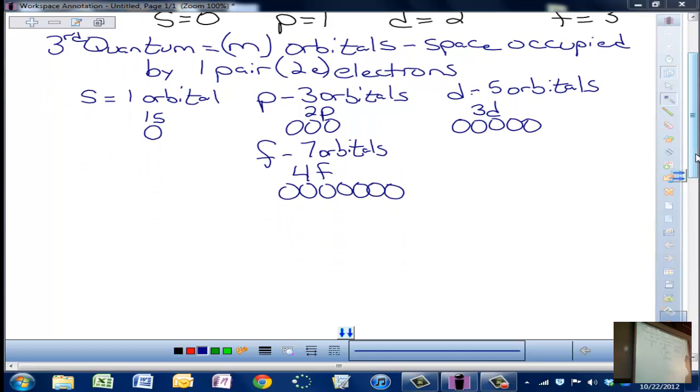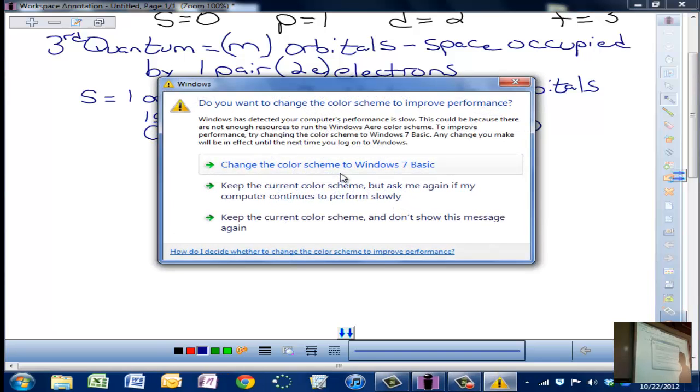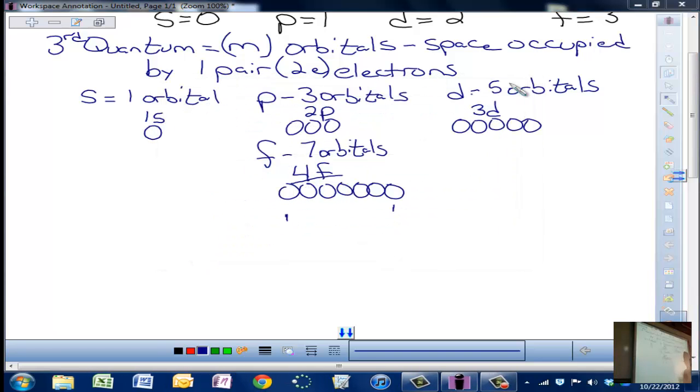Here's the thing I also want to tell you about orbitals. We said that things go from lowest energy to highest energy. Well, this orbital right here isn't any less energy than this one here. As long as we are in the 4F, you are going to find out that they have equal amounts of energy.